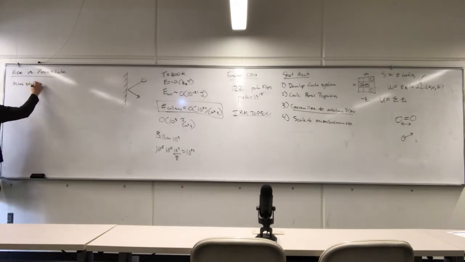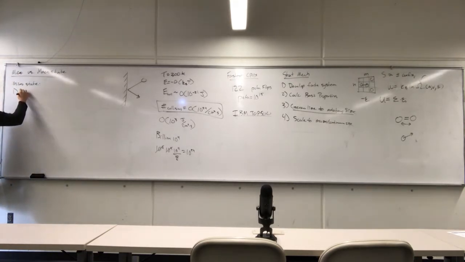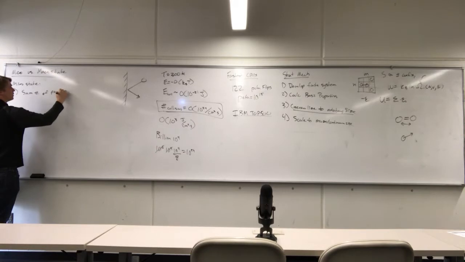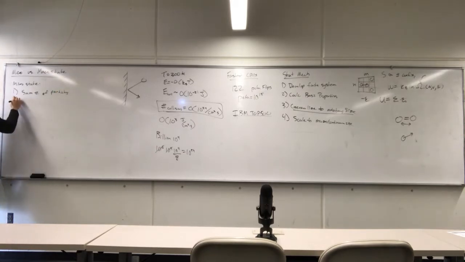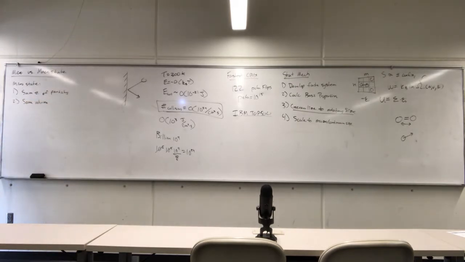Every microstate has to have the same properties as the macrostate, in the sense that it has to have the same particles, the same volume, it has to be interacting and existing in the same space, and it has to have the same energy.